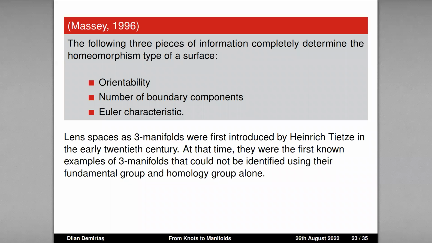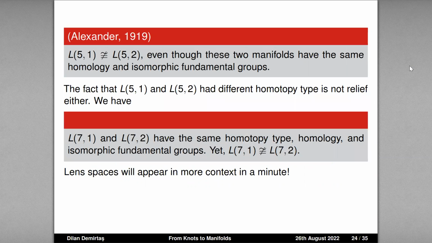So lens spaces as 3 manifolds were introduced by Tietze in the early 20th century. At that time, they were the first known examples of 3 manifolds that were not identified using their fundamental group and homology alone. And also in 1919, Alexander showed that L51 is not homeomorphic to L52. This is interesting because they have the same homology and isomorphic fundamental groups. Well, a relief could be that they do not have the same homotopy type.